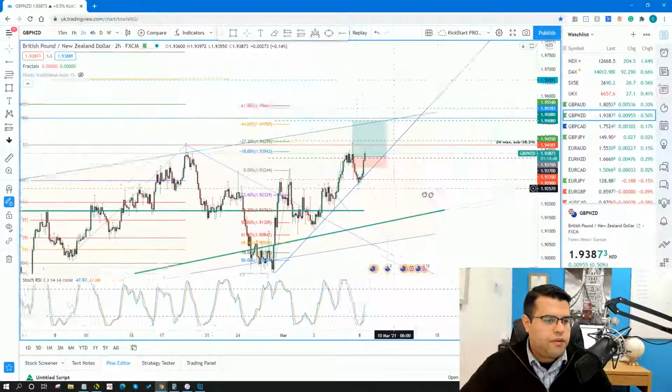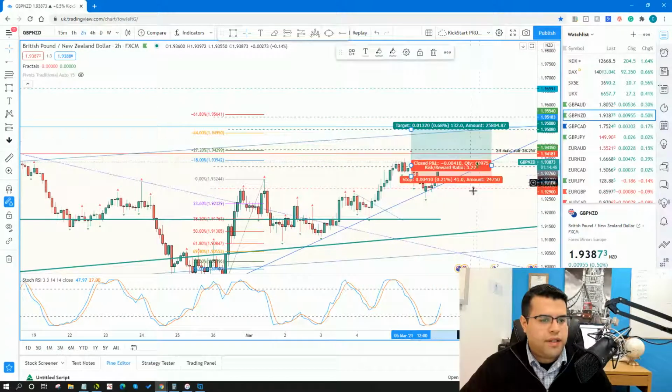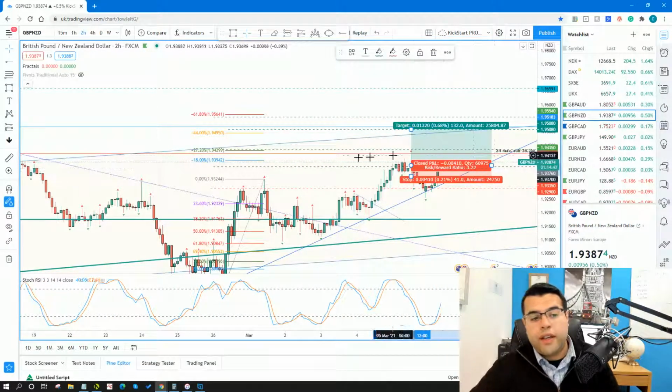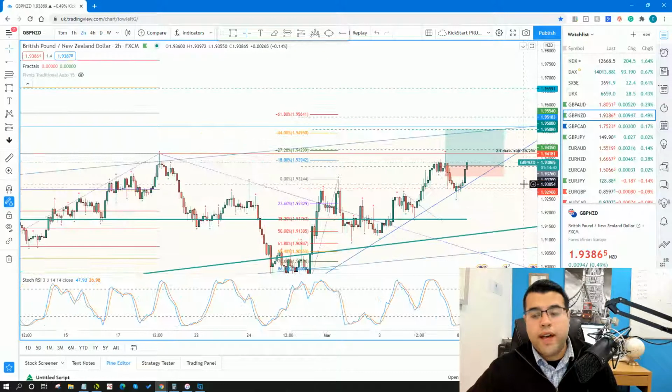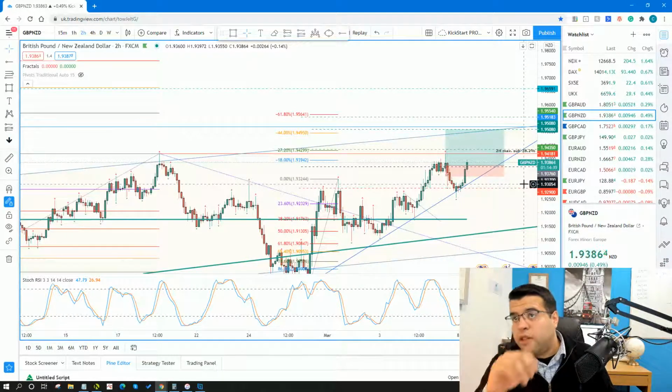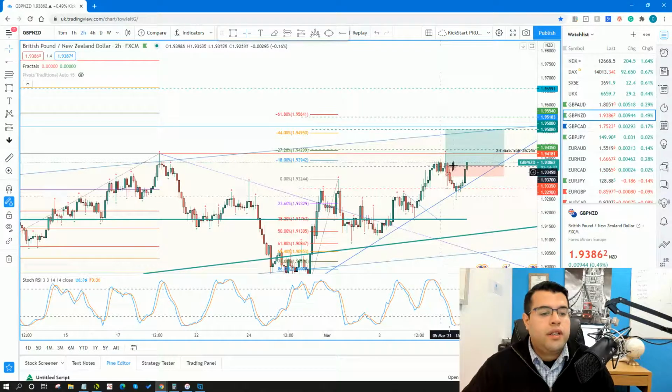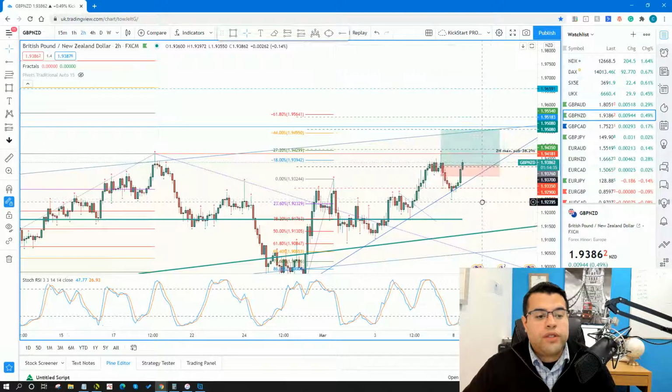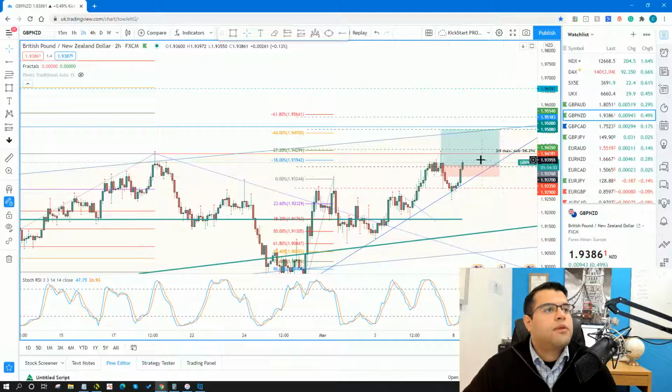There you go. So straight away, what that's done is that's improved my risk to reward from 1 to 1.5 up to a 1 to 3, just better than a 1 to 3 risk reward ratio. Okay, just by doing that.